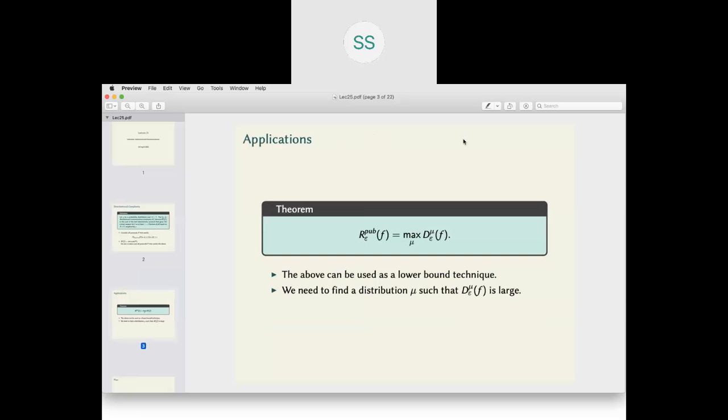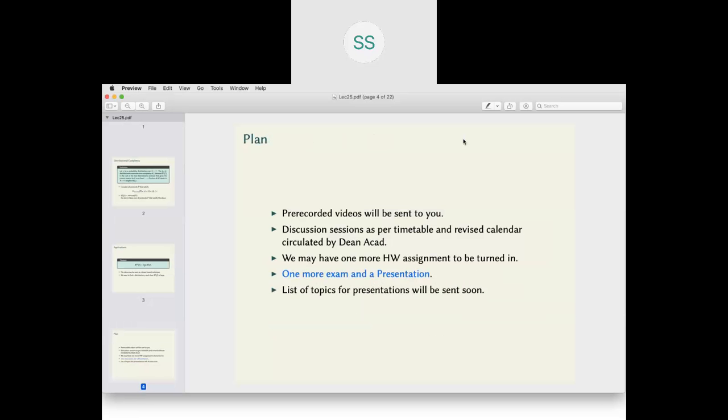We can pick one distribution mu for which the distributional complexity is large. Now that becomes a lower bound for the randomized complexity as well, right? Again, we have seen this in the previous classes.